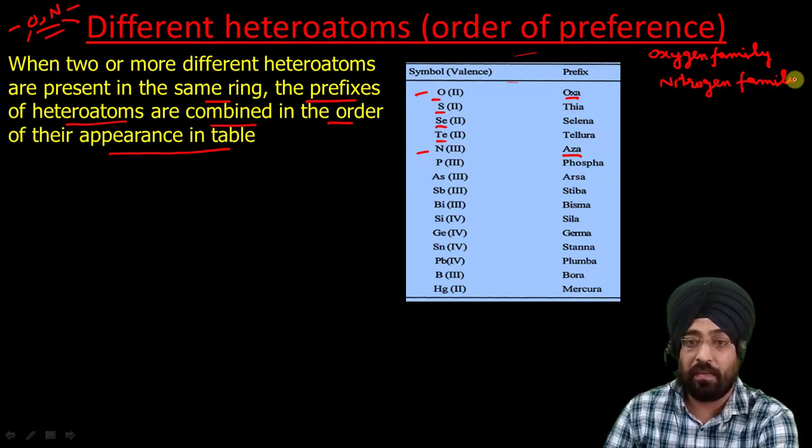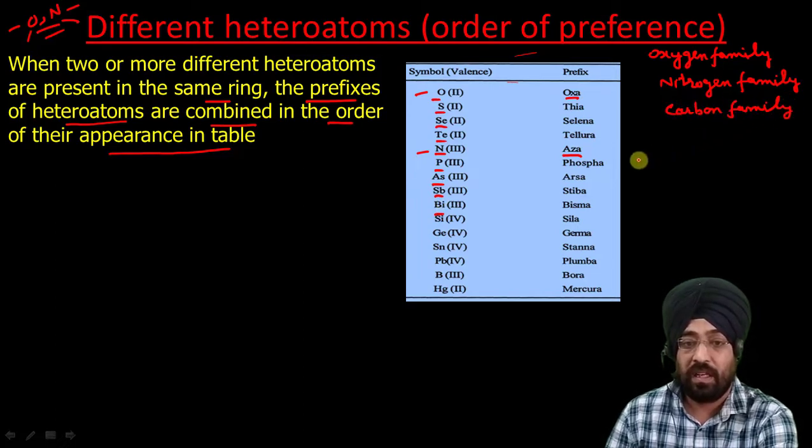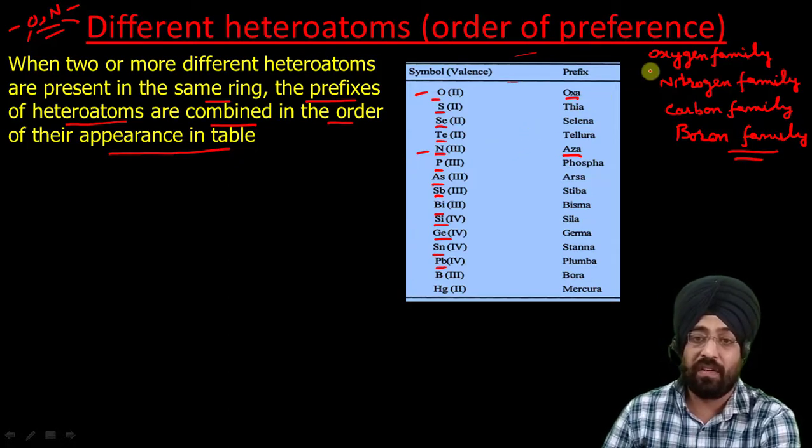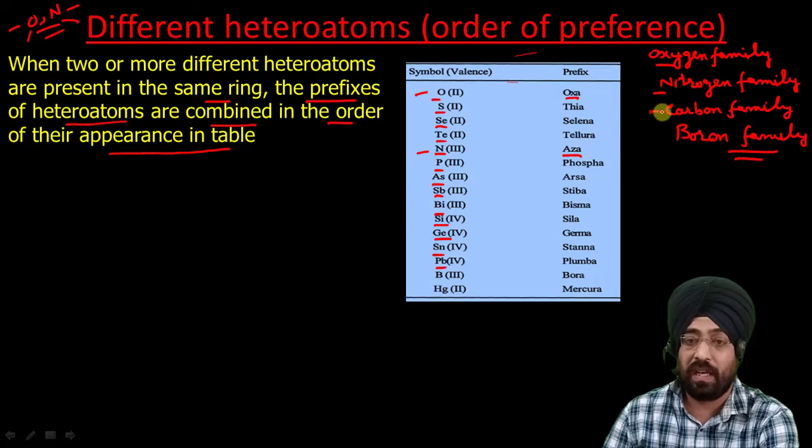In the nitrogen family, the order is nitrogen, phosphorus, arsenic, antimony, bismuth, then comes the carbon family, then the boron family. So it is quite easy to remember like this. You don't need to see the table always. If you remember the periodic table, you can easily give the preference: first to the oxygen family, then nitrogen, then carbon, then boron.